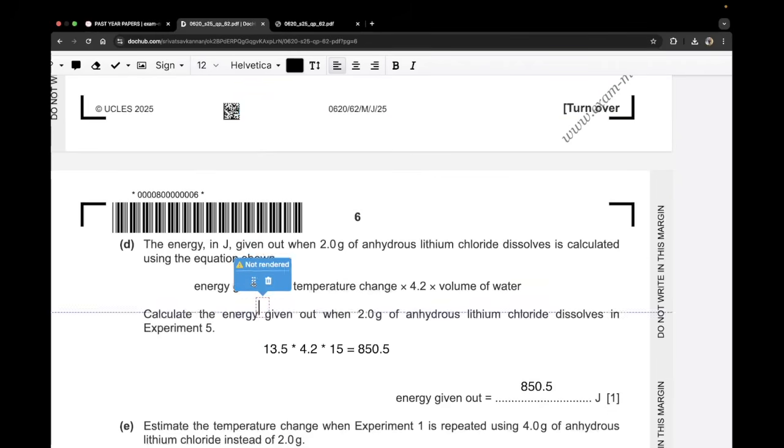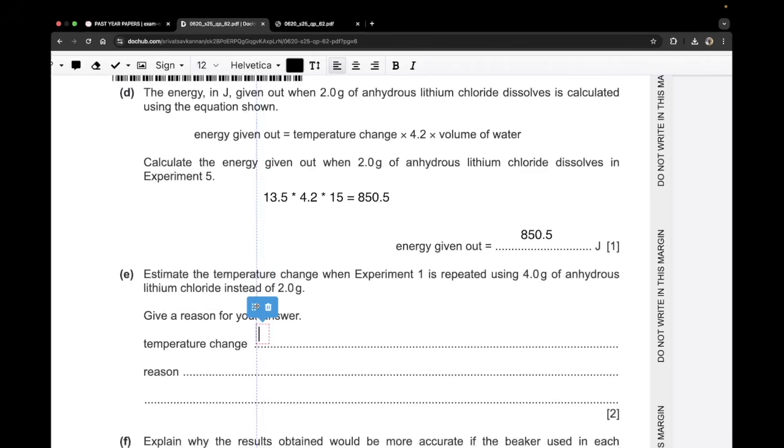So the estimate here would be, since twice the amount is being dissolved, more energy will be released because, first of all, we clearly see that if the same mass is being dissolved in a smaller volume, the temperature change increases, right? So clearly, if we increase the mass in the same volume, the temperature change will increase as well. It's really the concentration of the lithium chloride to water ratio that we care about.